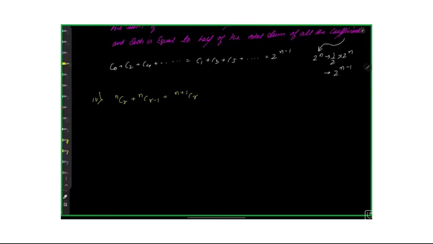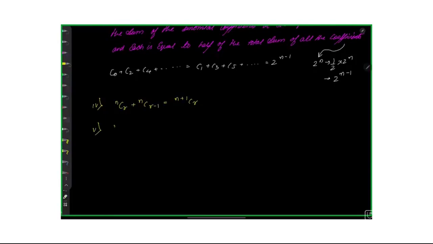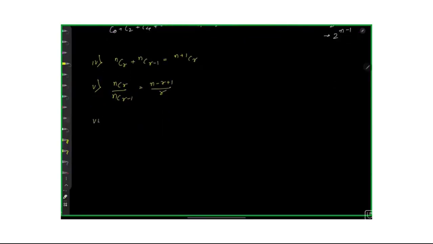All of the proofs. The other formula is nCr over nCr minus 1 equals (n minus r plus 1) over r. Again, a formula. Sixth property: nCr equals n by r times (n minus 1)C(r minus 1), which equals n by r into (n minus 1) over (r minus 1) into (n minus 2)C(r minus 2).